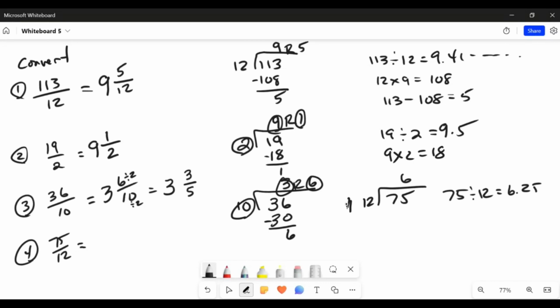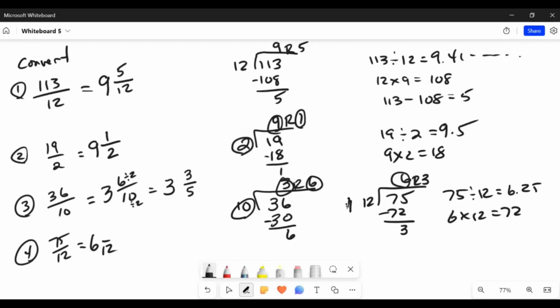So then I take 6 times 12, and we get 72. When we subtract, we get 3. So we have a remainder of 3. So 75/12 is 6, that's our whole number part.